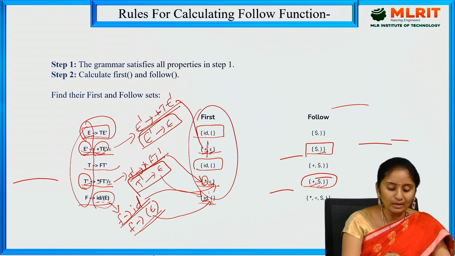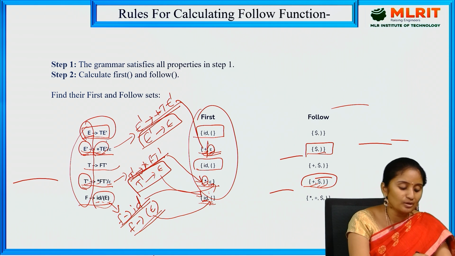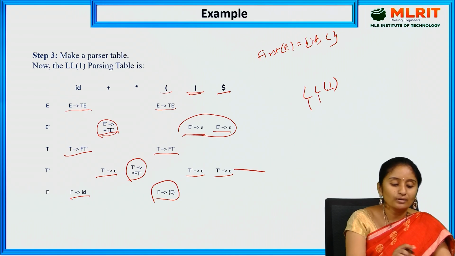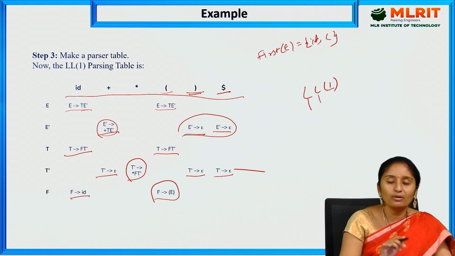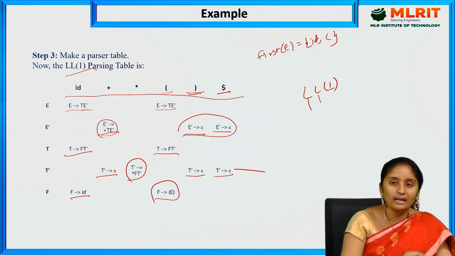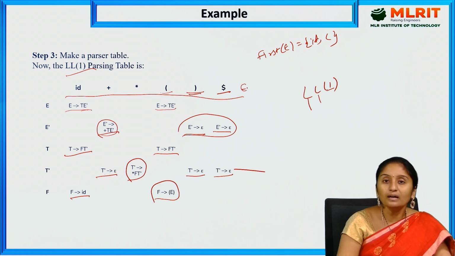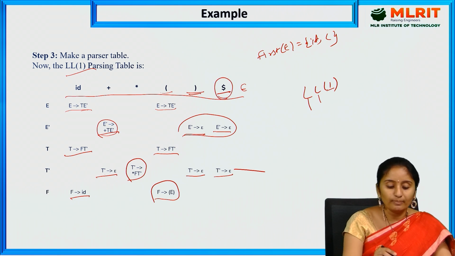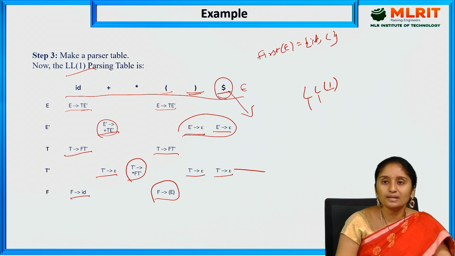When we find epsilon in the first function, we replace it with the follow function. Why? Because in my columns there is no epsilon. When we construct the LL1 parsing table, we won't write epsilon in the columns. We write only the dollar, because the dollar indicates that the string is accepted.